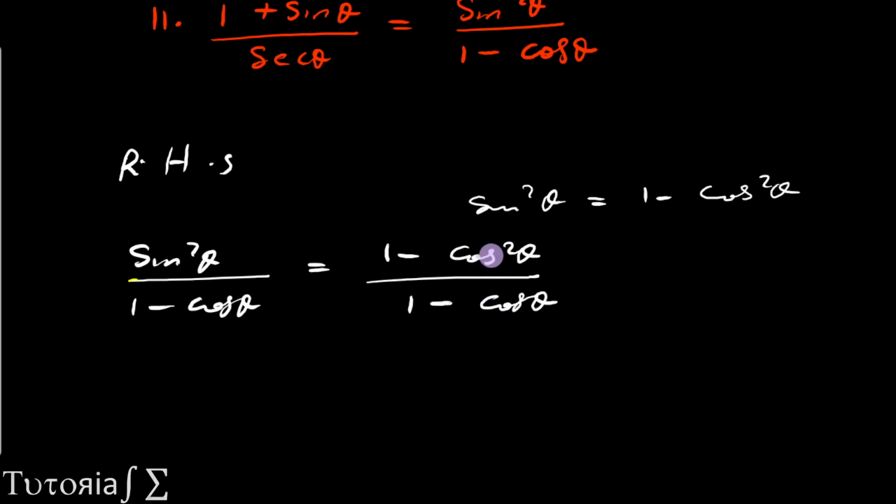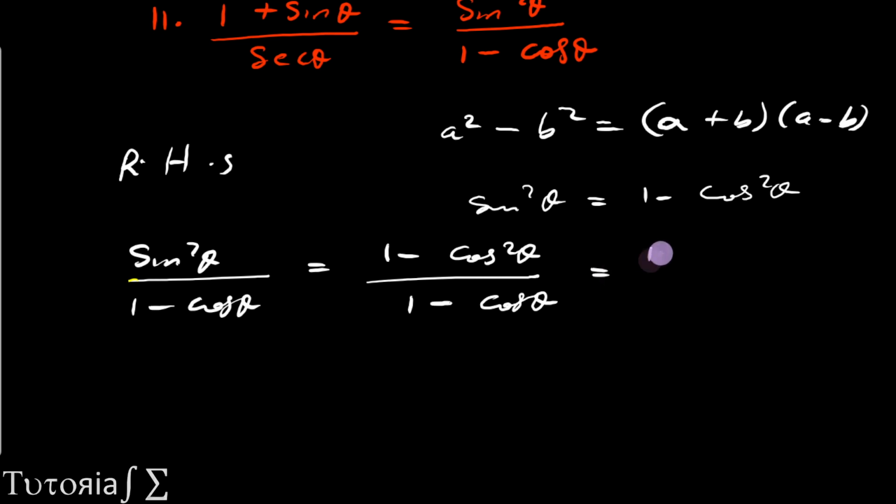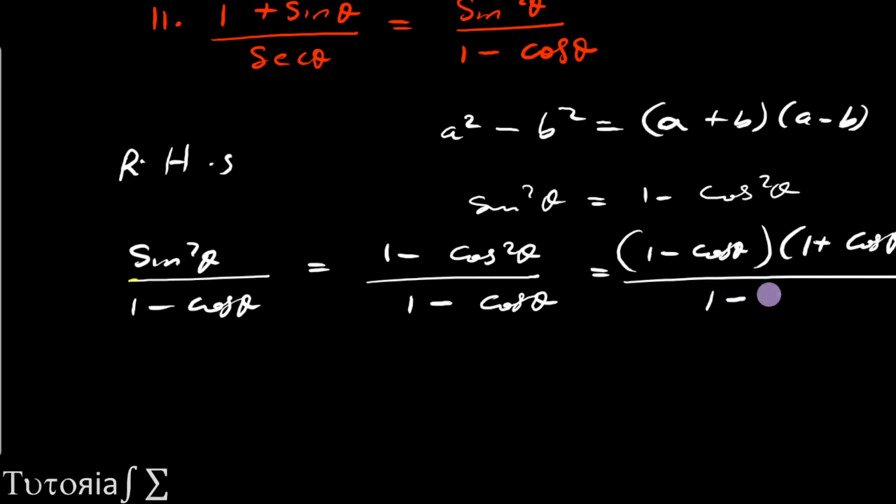Then what we'll do here is we'll use a difference of two squares. So we know that if we have a squared minus b squared, this is equal to a plus b times a minus b. So this will be equal to 1 minus cos theta times 1 plus cos theta all over 1 minus cos theta.